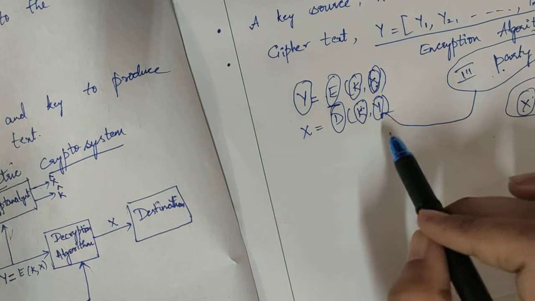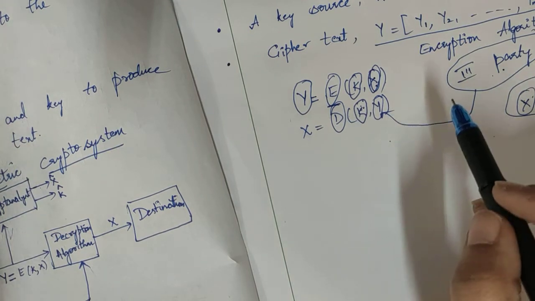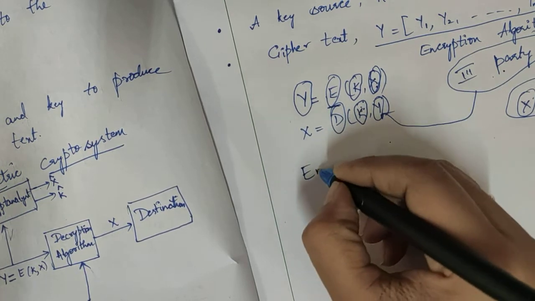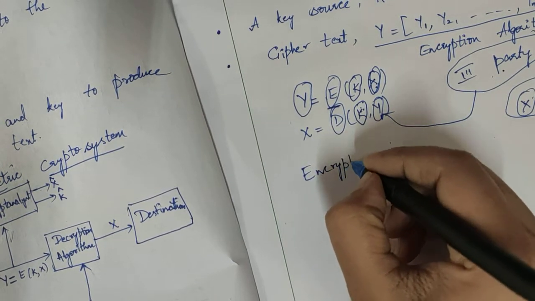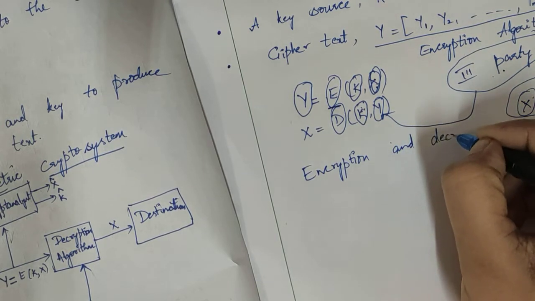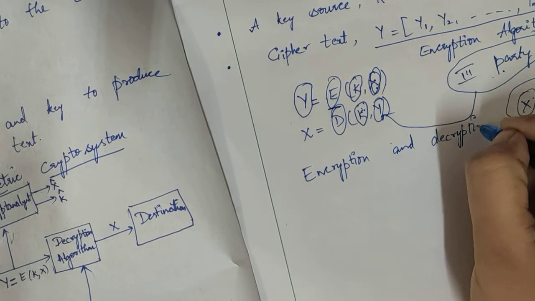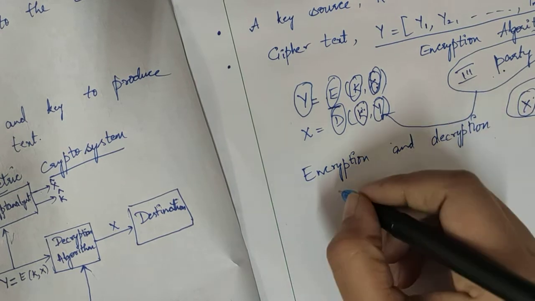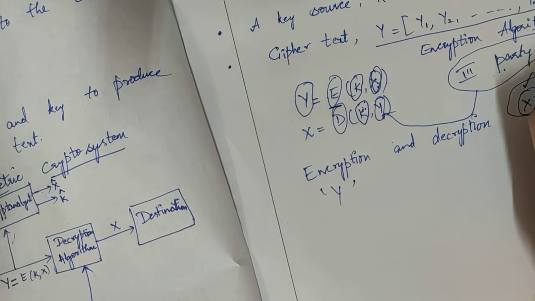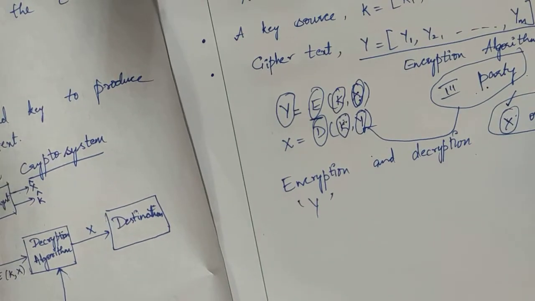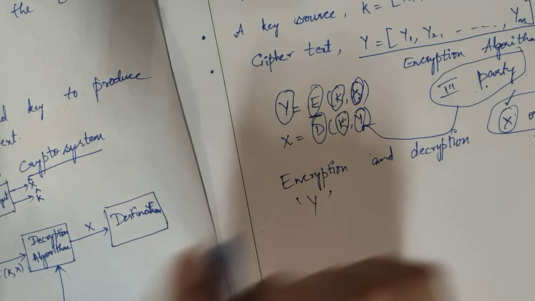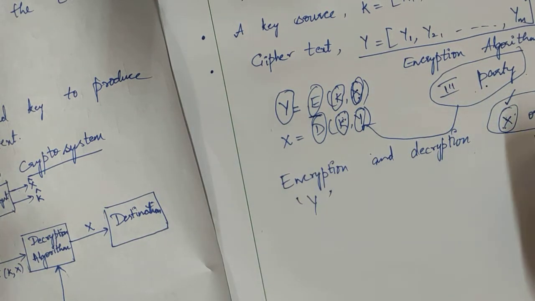So in your symmetric crypto system, the third party knows the encryption and decryption algorithm, and he is observing your ciphertext, but he does not know anything about your plain text as well as your secret key. So he is trying to attempt to recover either X or K or both.